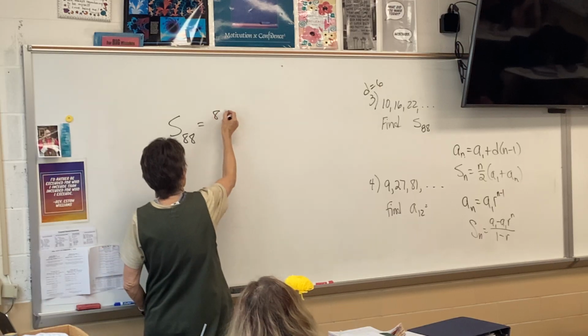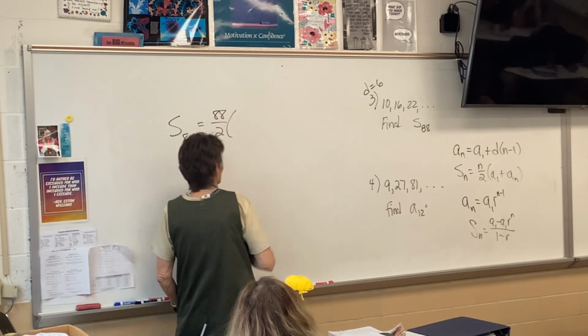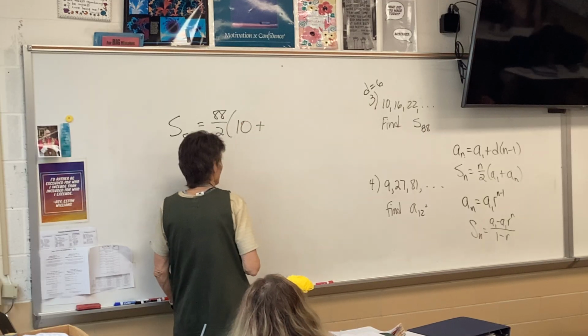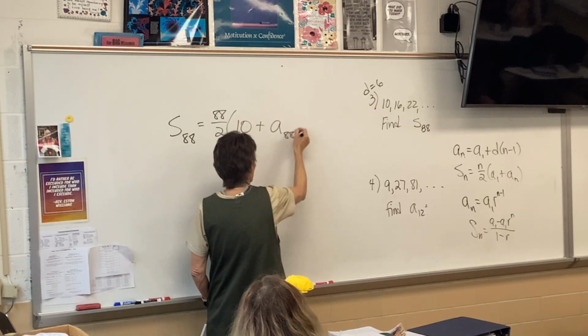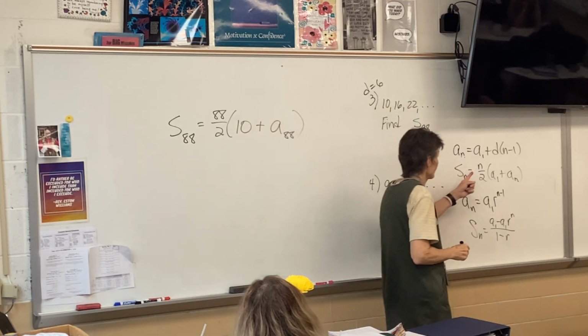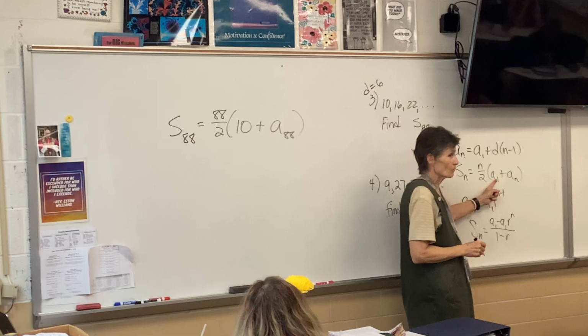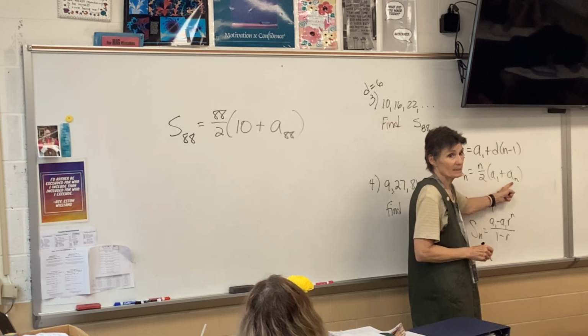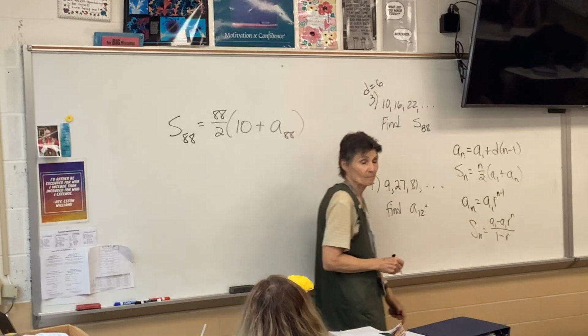So S sub 88 equals 88 over 2 times the first term, A sub 88. What's the matter?